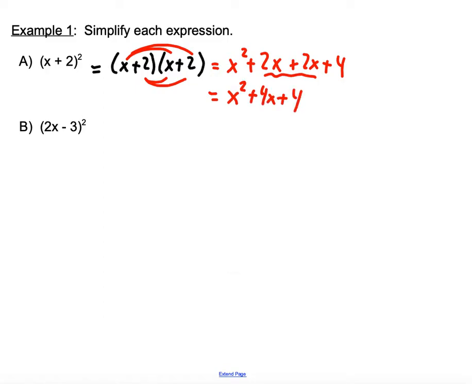So likewise with the second one there, it does not mean 4x squared plus 9. It means 2x minus 3 times 2x minus 3, and then we have to multiply those. So again, you can either use FOIL, first, outer, inner, last, or you can distribute the 2x through the second set of parentheses, and you get 4x squared minus 6x.